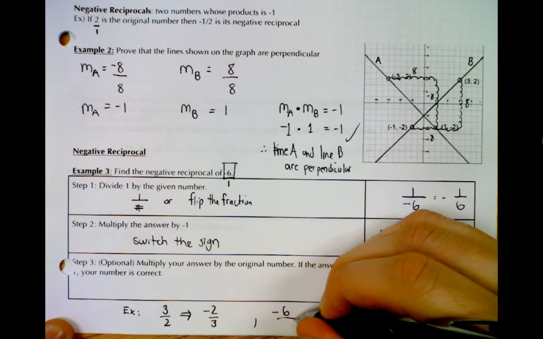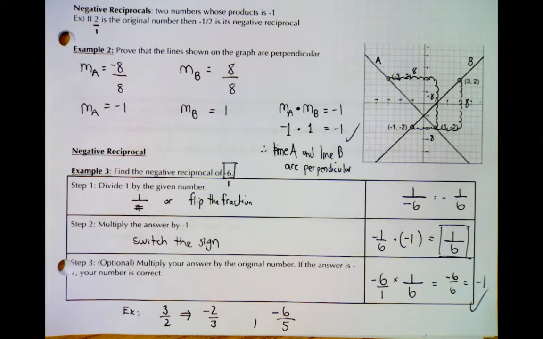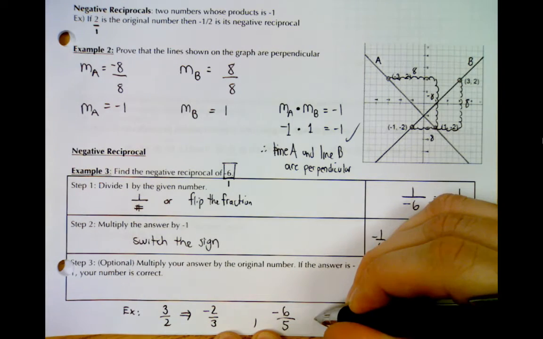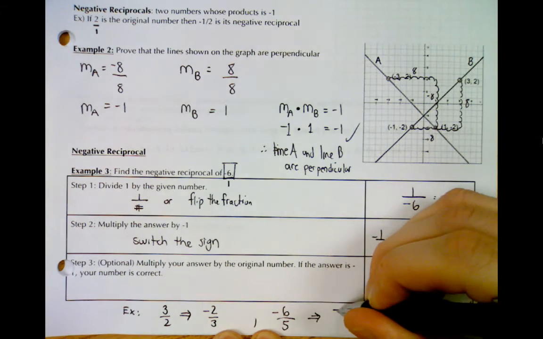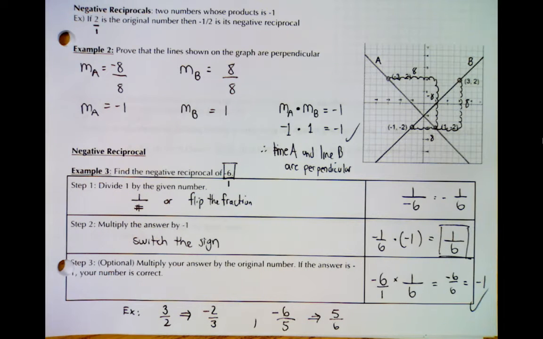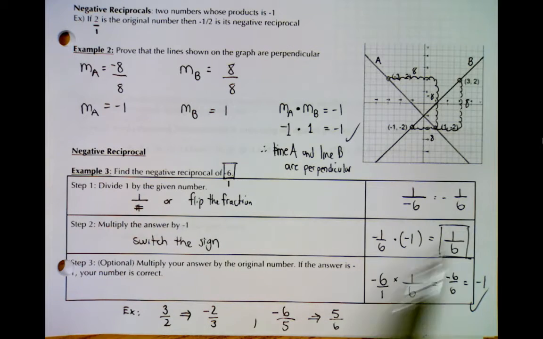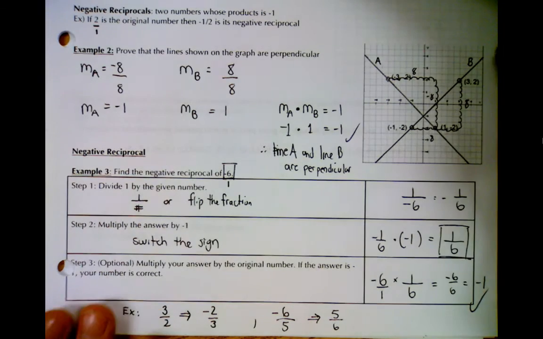Let's say negative 6 over 5. Flip the fraction, 5 over 6, change the sign. Instead of negative, we have positive. I don't know if you get the hang of it. Hopefully you do. Flip the fraction, change the sign. If it's not a fraction to start with, you can write it as a fraction, then flip it, and then change the sign.